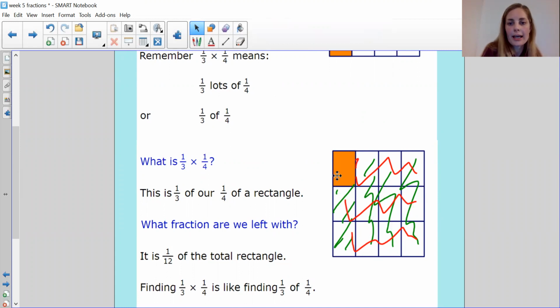This 12th here is going to be much smaller than a third or a quarter, because remember, the bigger the bottom number gets, the smaller the piece is getting. Okay, and there you can see it in the picture that we've colored in for you, that this orange piece here is much smaller than the quarters or the thirds that we have divided it into.